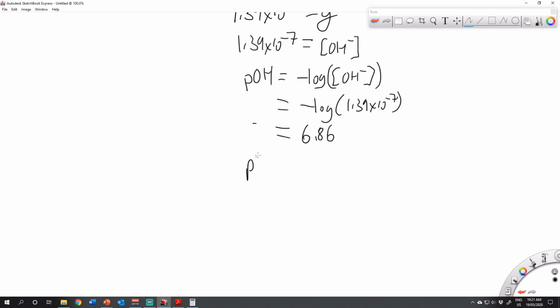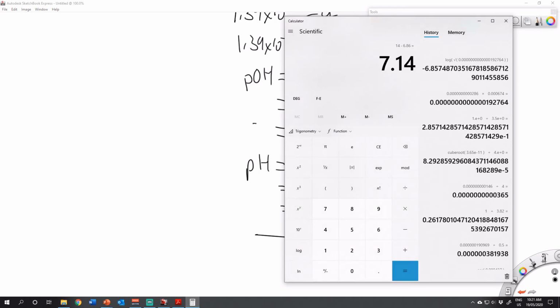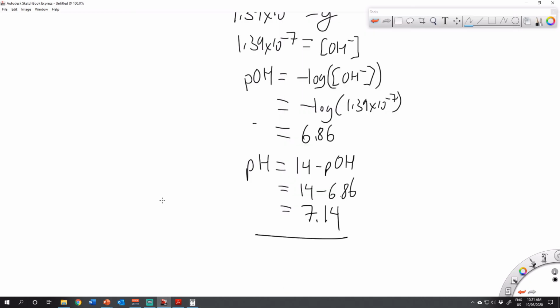And then the pH we can get using 14 minus pOH. So altogether this is going to be 14 minus 6.86, which is equal to 7.14. I'll check that. 14 minus 6.86, 7.14. There you go. There's our pH.